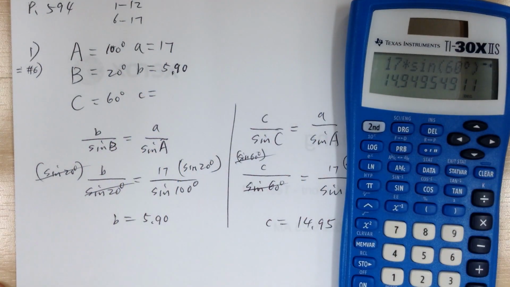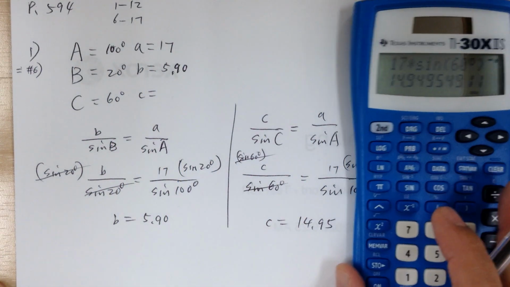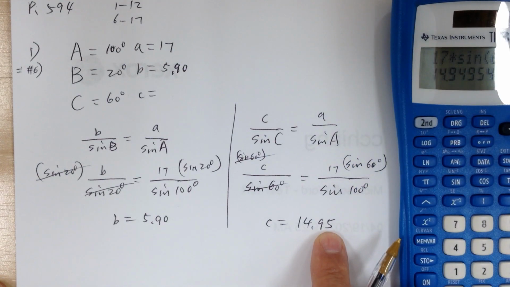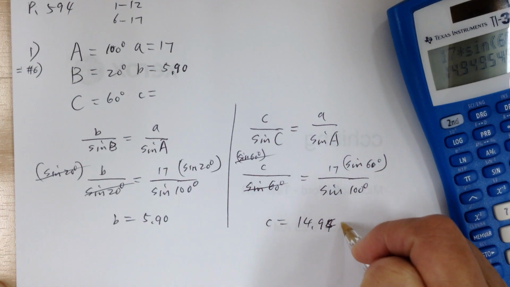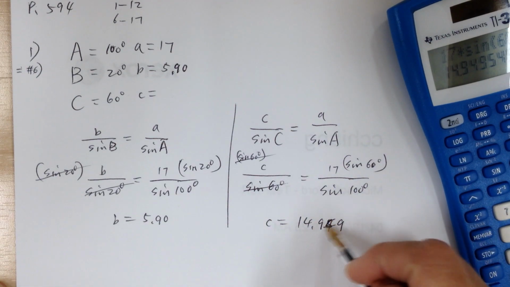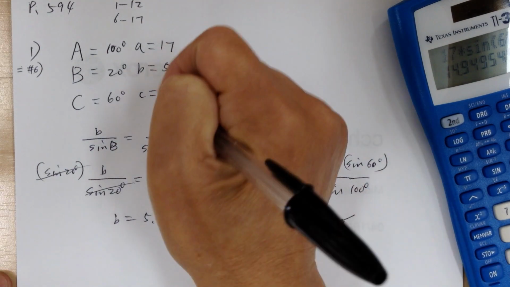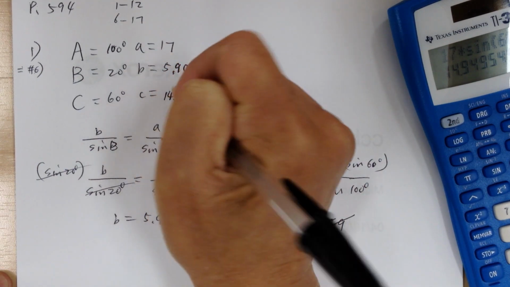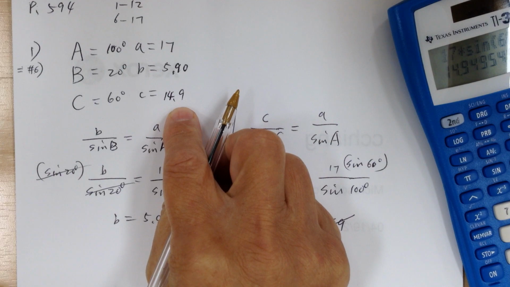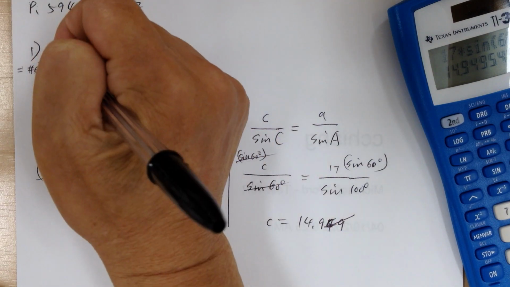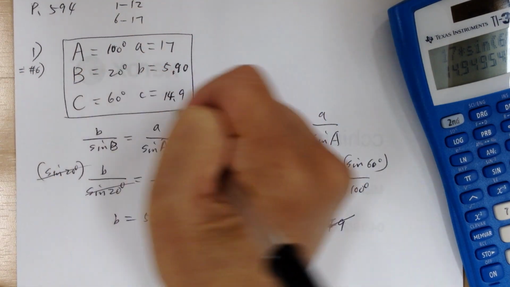The instructions say 3 significant digits, so you want 3 digits. The digit 9 rounds up, so 14.95 hmm, this is 14.949, so this gets chopped off and it'll be 14.9. They want you to get 3 digits for your final answer, and so this is it.